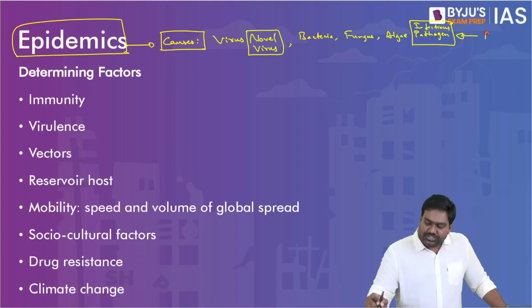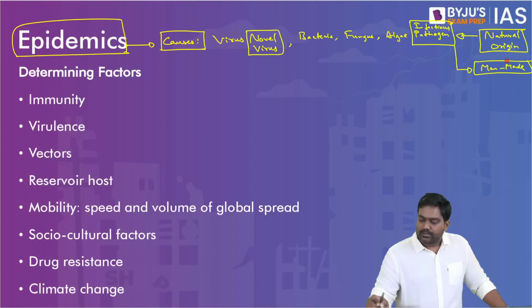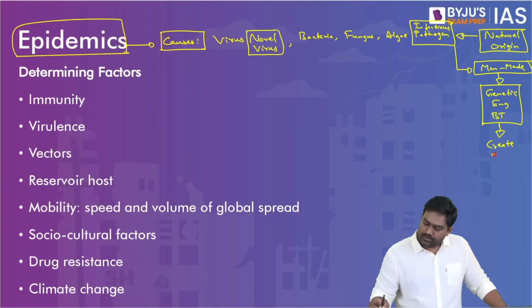So, these pathogens could be of natural origin, they could be found naturally in the environment, or it could also be man made. Please understand this. Through genetic engineering, through biotechnology, it is possible to create super pathogens. Is that clear?